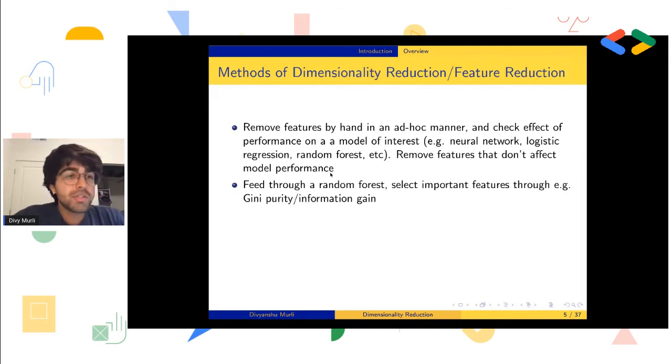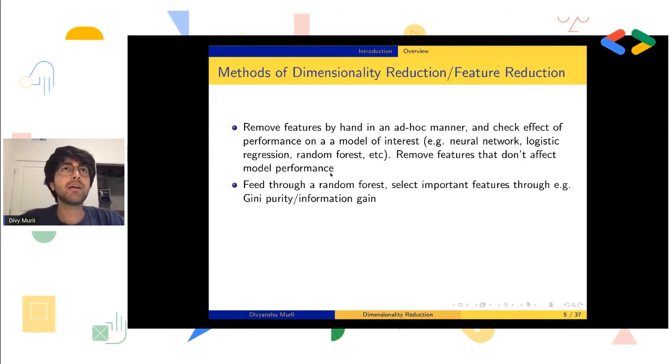So one thing you can do is take your large feature set, remove one feature at a time, and check model performance. If you run across a feature such that when you remove it, the model performance drastically drops, you'll say, okay, that's actually a pretty important feature, I probably shouldn't get rid of it.